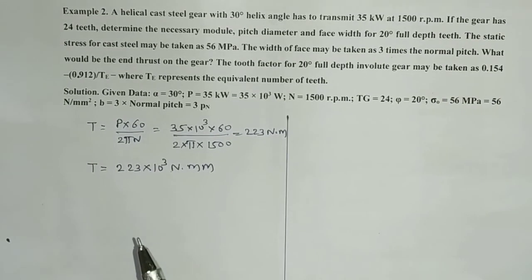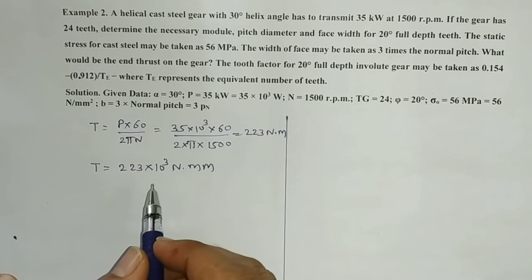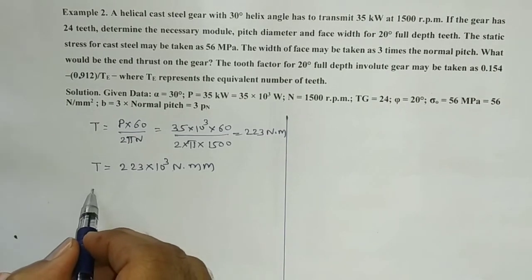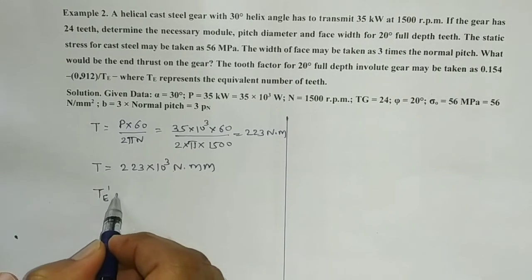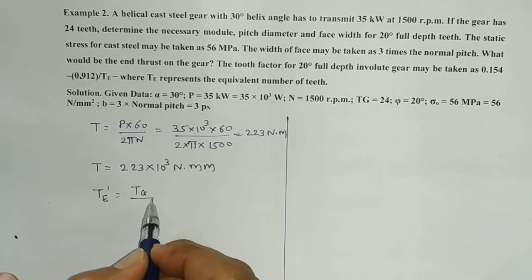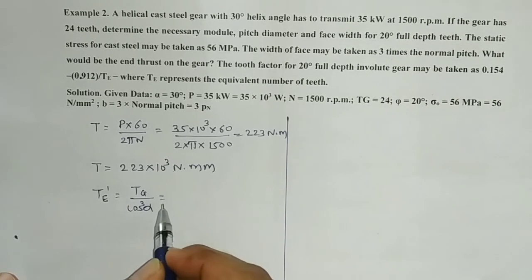Torque transmitted. Now the formative or equivalent number of teeth, TE dash, is equal to TG by cos cube alpha.